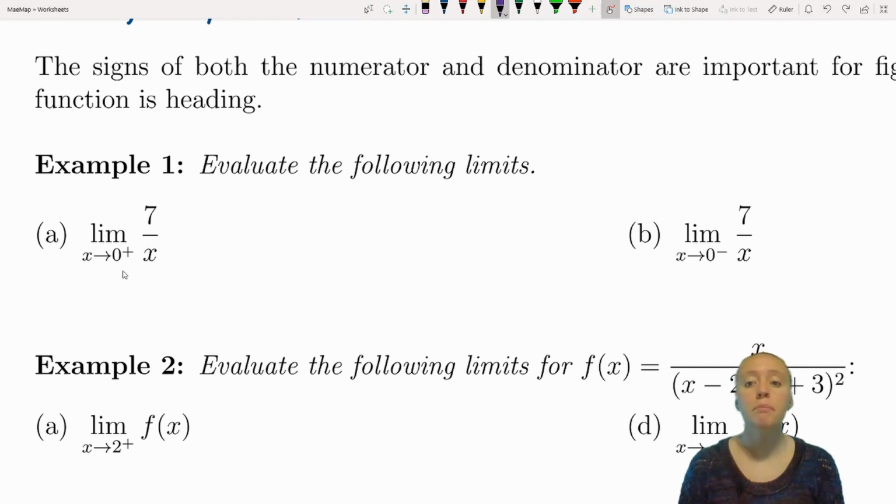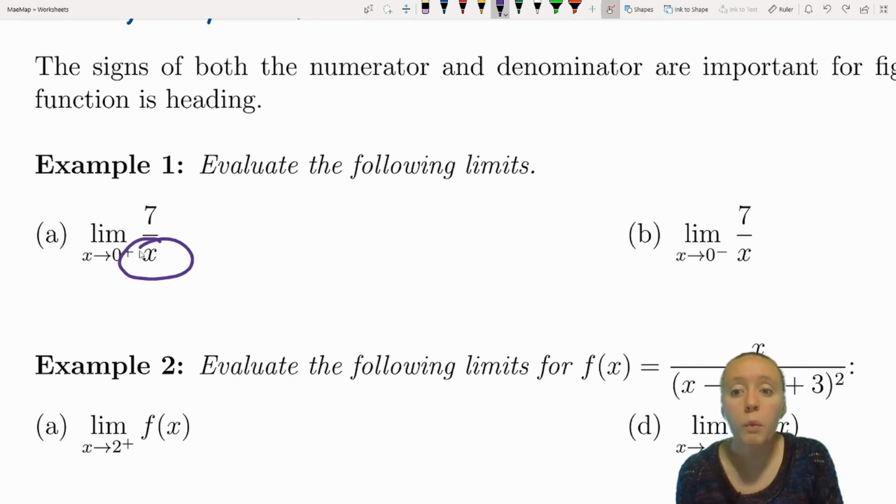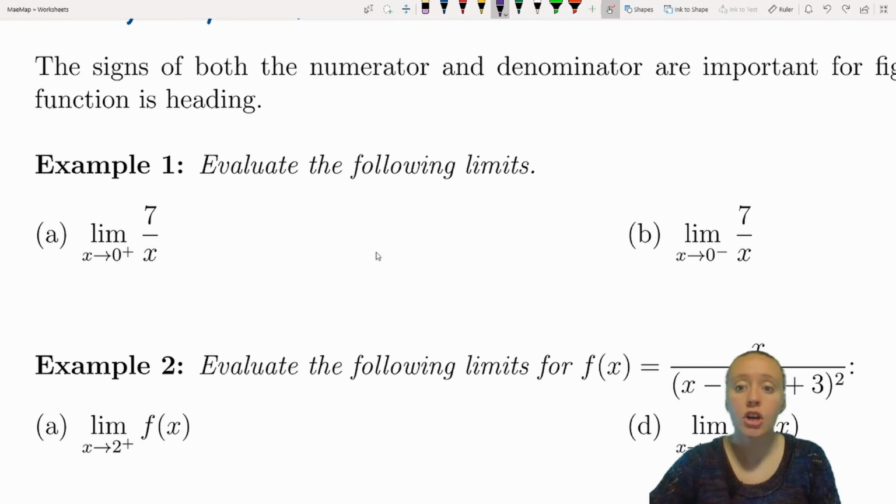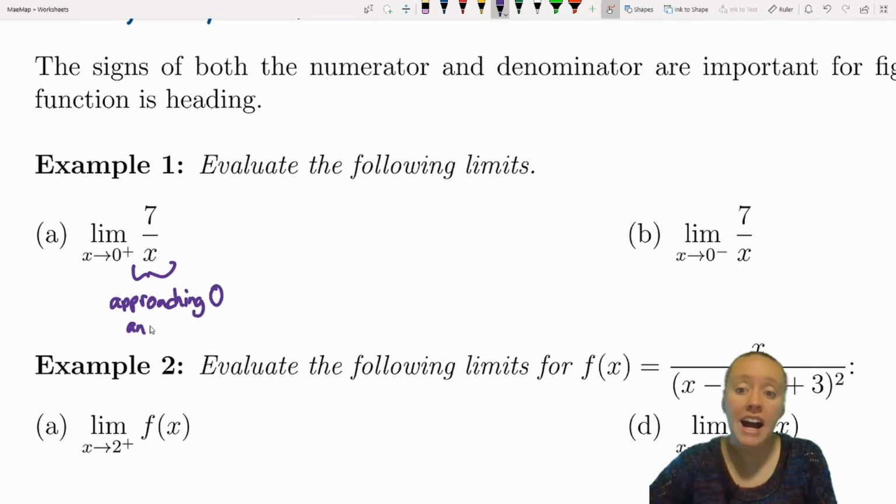Now think about approaching 0 from the right. If we're approaching 0 from the right, what is the sign of our denominator? Well, the sign of our denominator is always going to be positive. So our denominator is approaching 0 and it's positive. And what's our numerator doing? Well, our numerator is always that constant.